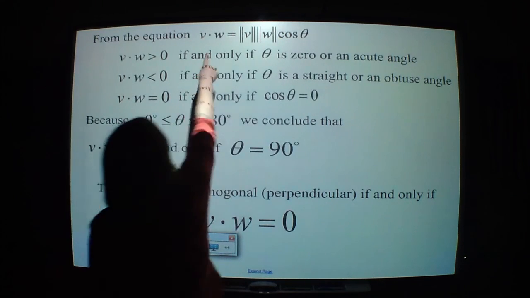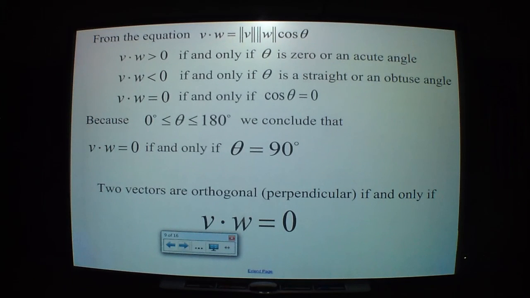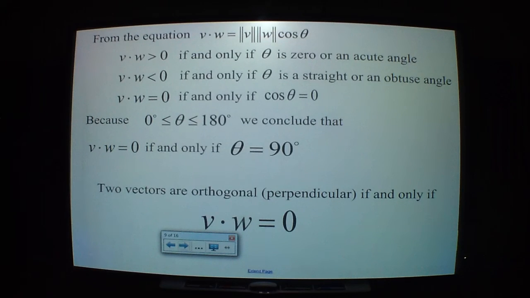Cosine is 0 at 90 degrees. So the two vectors are perpendicular if and only if the dot product is equal to 0. If this dot product is equal to 0, they're orthogonal or perpendicular.